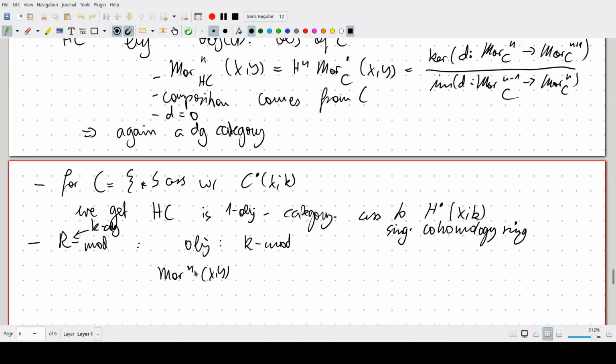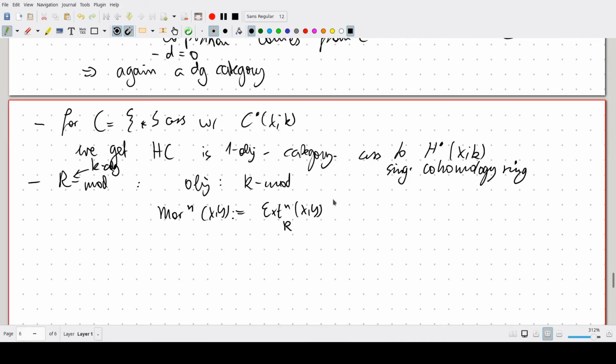So we're going to actually do a bit more. We're going to define this to be Xn between X and Y over the ring R. In particular, if we take n to be 0, then we have X0, which is just the common R linear maps between X and Y. But for non-zero degrees, we get something interesting there.